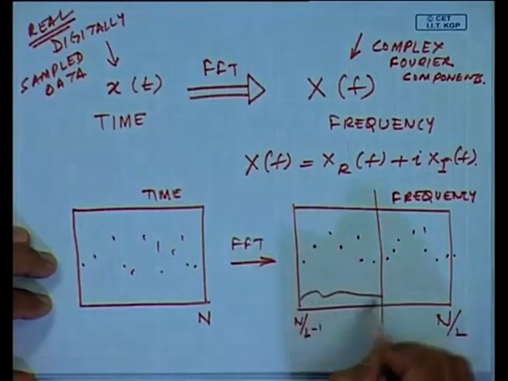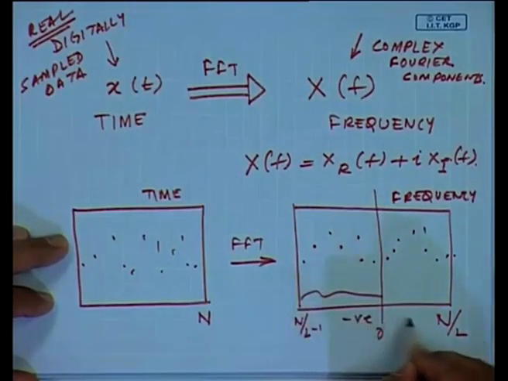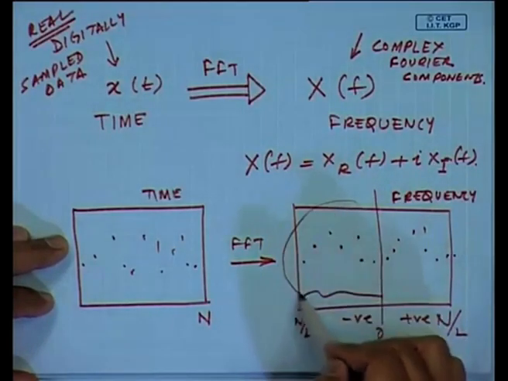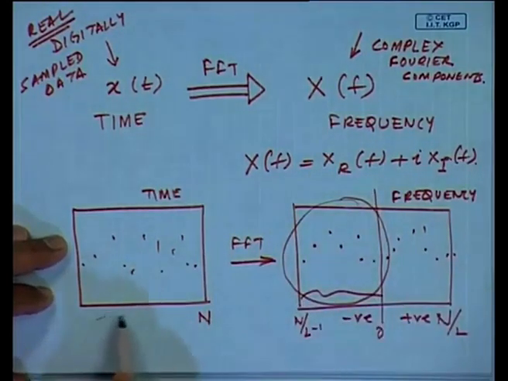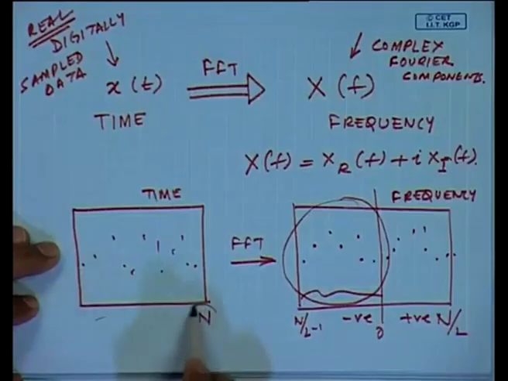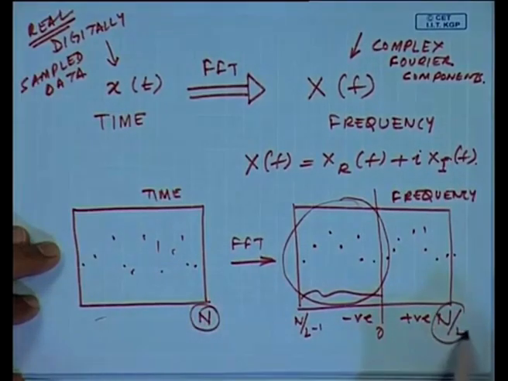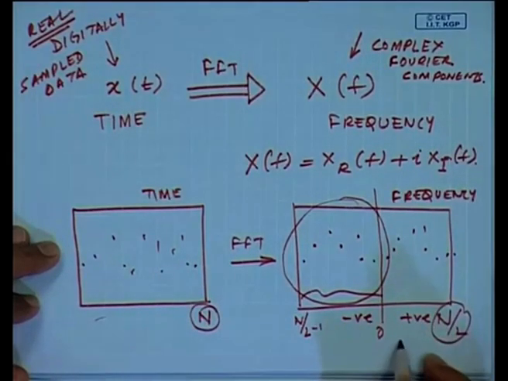This could be thought of as the negative frequency and this is the positive frequency. For real world signals, we actually discard this data, we do not use this data. So, any n data points will give us only n by 2 meaningful FFT results.